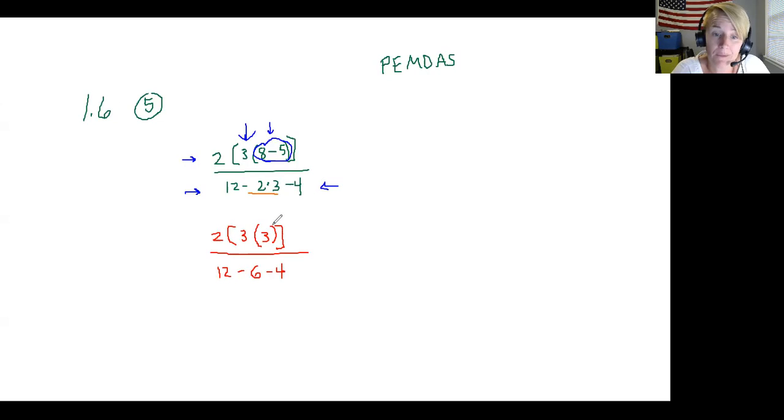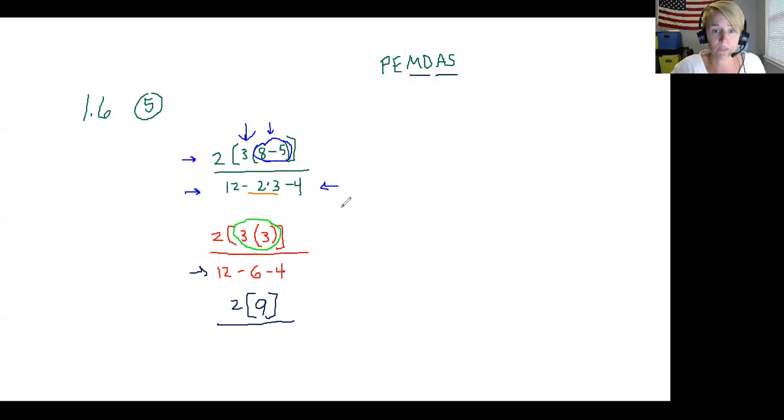The top, okay, I'm still on parentheses. I had something to do inside this bracket, and that basically says 3 times 3. So 3 times 3 is 9. Again, I could keep my brackets. I'll just keep brackets around it this time. I could have just dropped that down to parentheses. It doesn't matter if you use a bracket or parentheses. It really has no importance. Here, I'm just doing straight subtraction. So I'm always going to move left to right, because remember, multiplication and division, and addition and subtraction, work left to right.